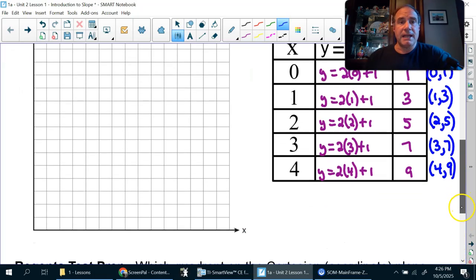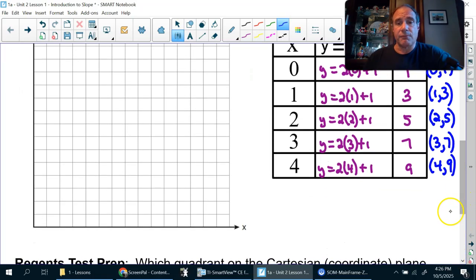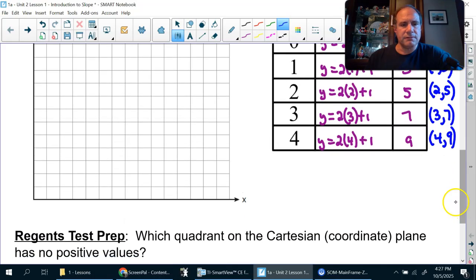Now, just because we ended at 4 and we stopped at 4, we could go on with the inputs. Every input has its own output for this equation. So we're just going to go and label the bottom here of the x, this x-axis.